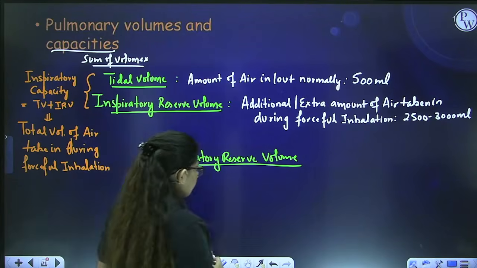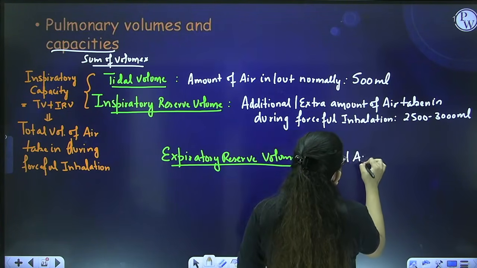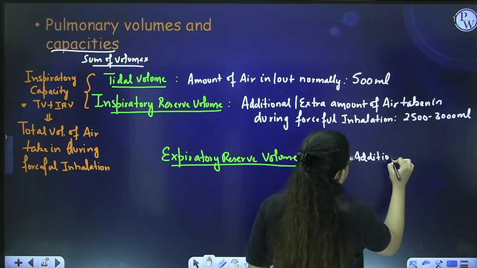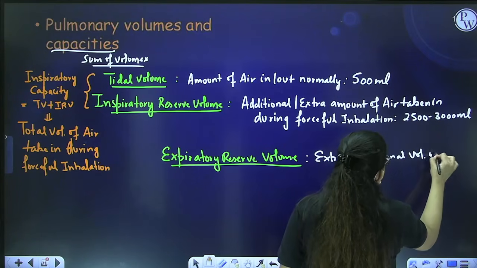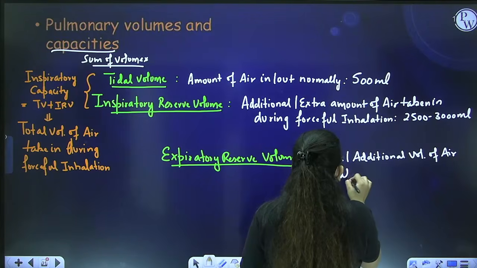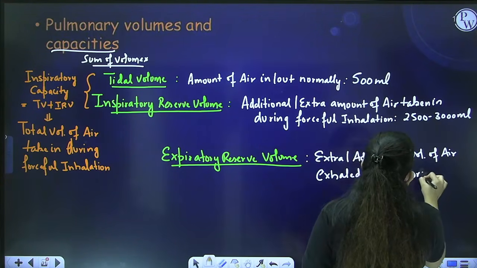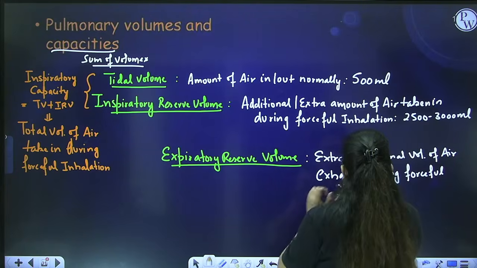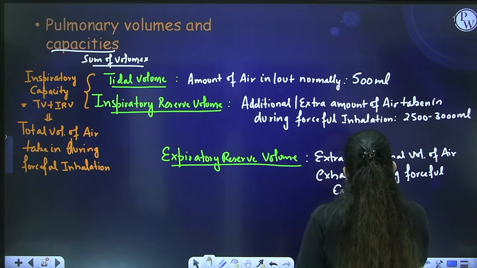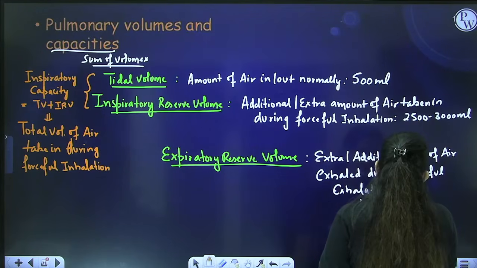What is expiratory reserve volume? It's the extra or additional volume of air exhaled during forceful exhalation. Its amount is from 1000 to 1100 ml.